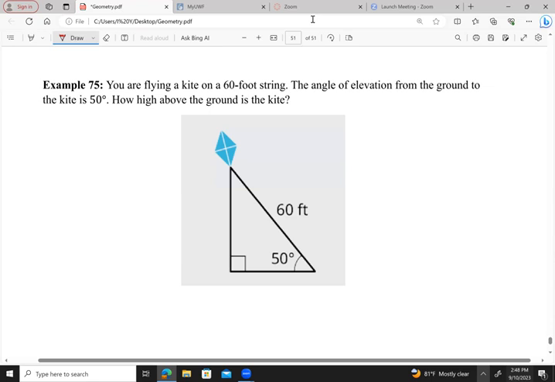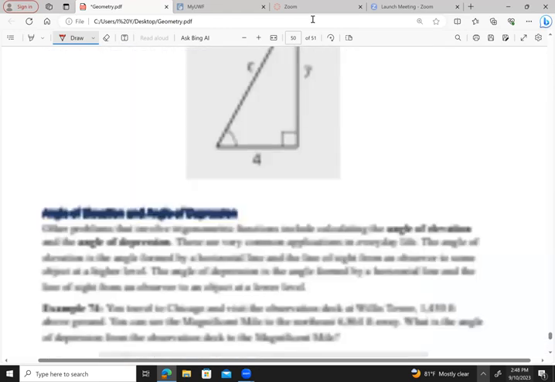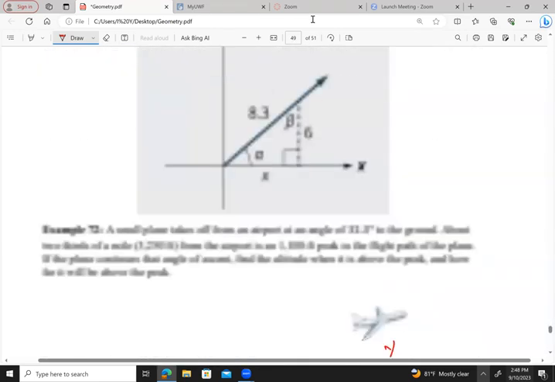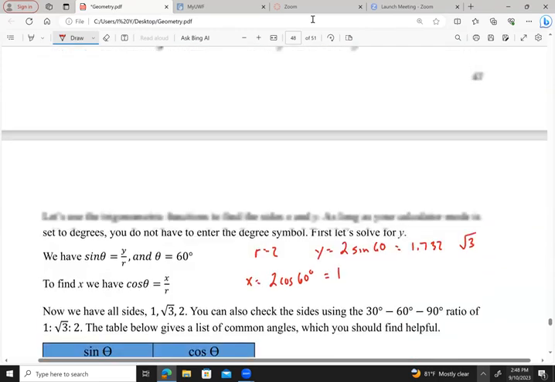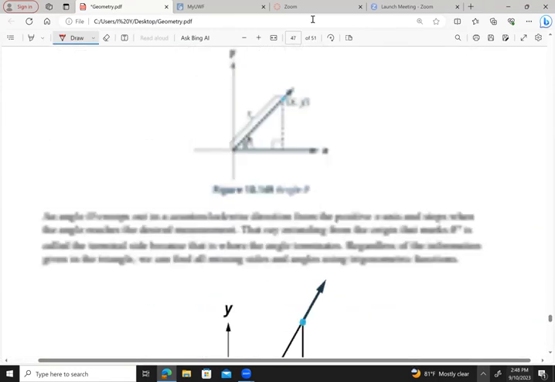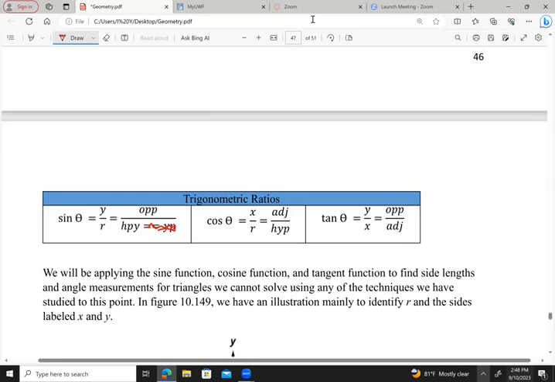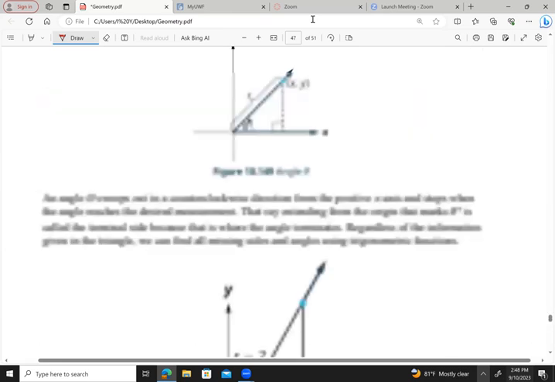So we're looking at opposite over hypotenuse. And again, it might be handy to have this little table here for yourself. We're talking opposite over hypotenuse, so we're looking at sine.